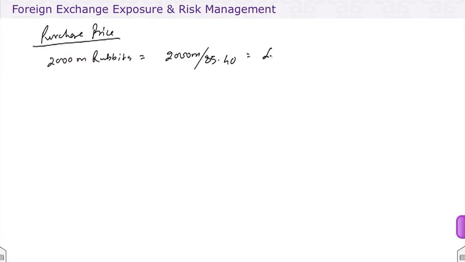So it comes to a British pound sterling of 23.4192 million.